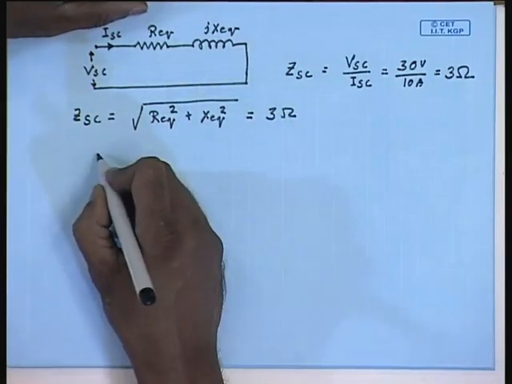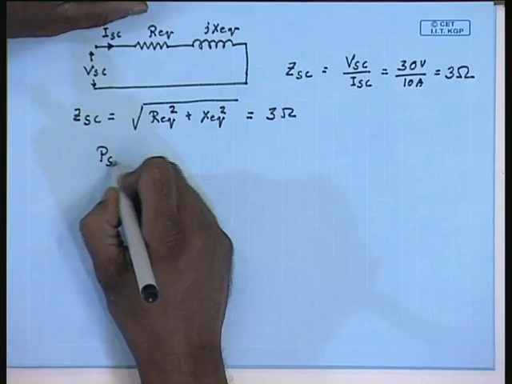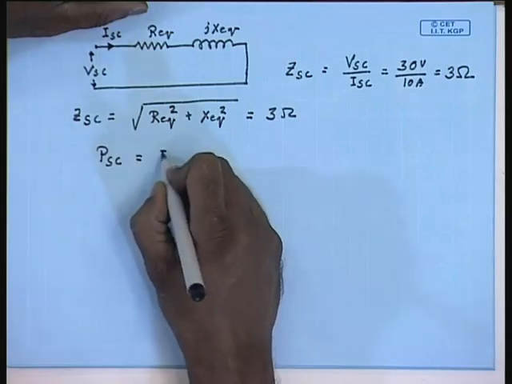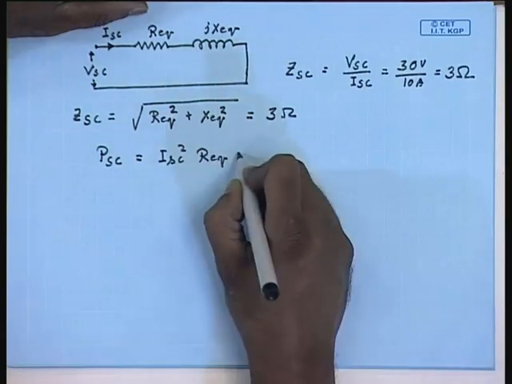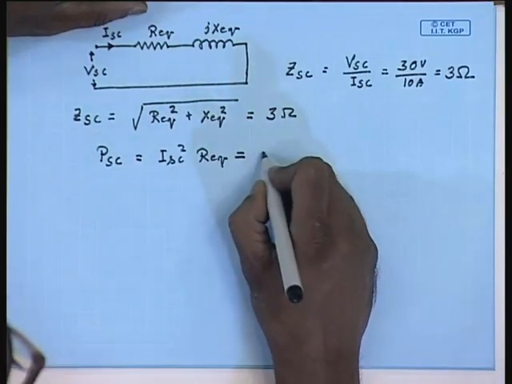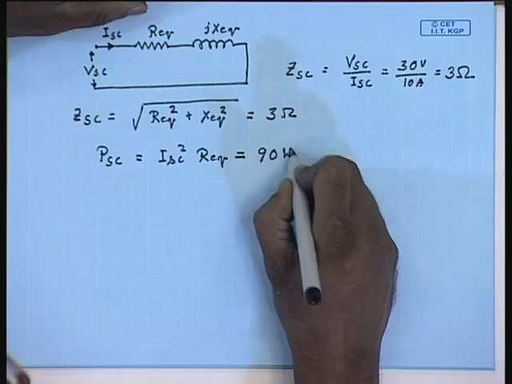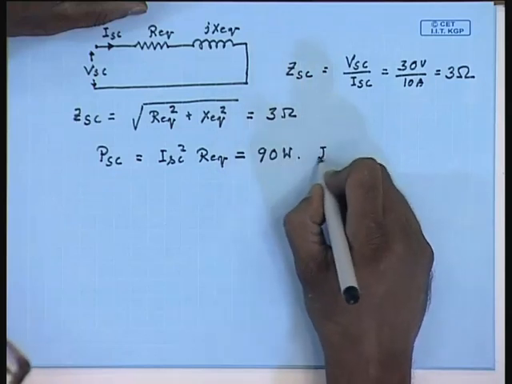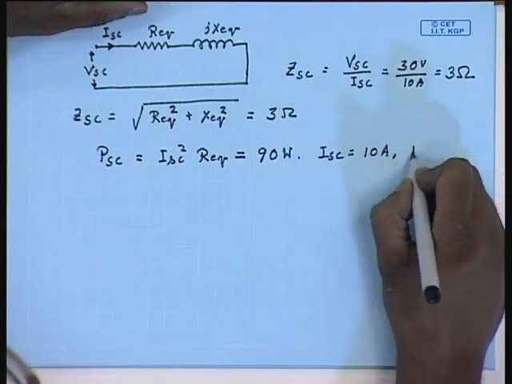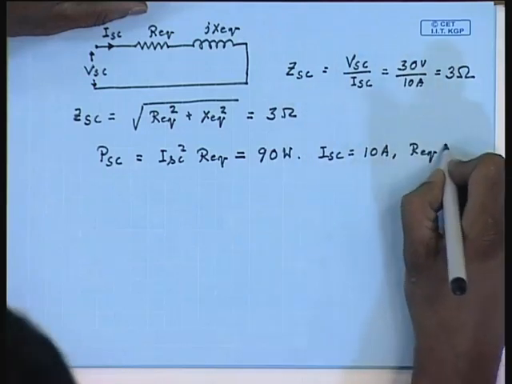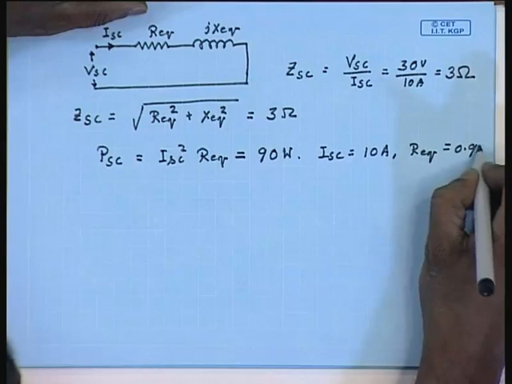Similarly, the short circuit power PSC equal to ISC square Req. This is given to be 90 watts, ISC equal to 10 ampere. Hence, Req equal to 0.9 ohm.